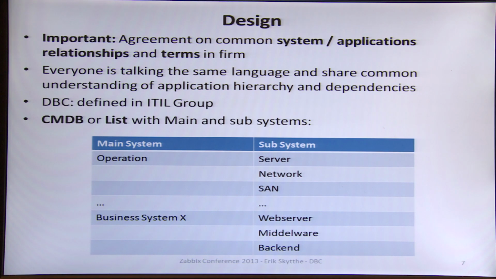So we make a shift now. That was just a small talk about what we were doing. One of the main things I was discovering was it's important to have some kind of design, at least some small kind of design. And one of the most important things is that you at least have a common understanding of the relationship with your applications.